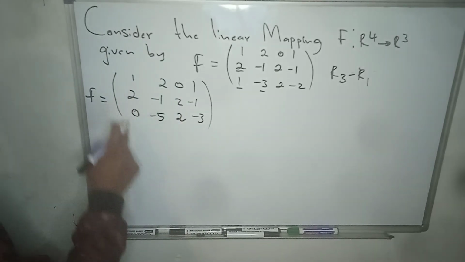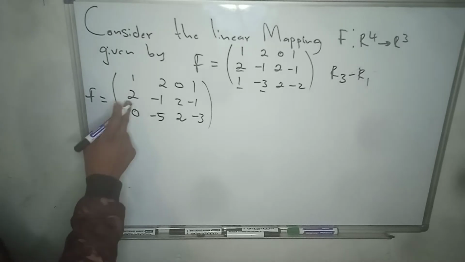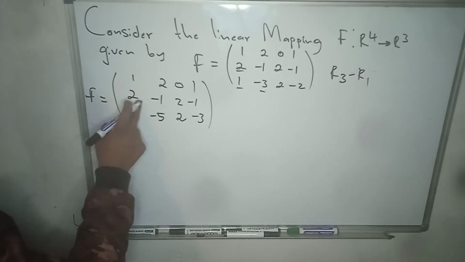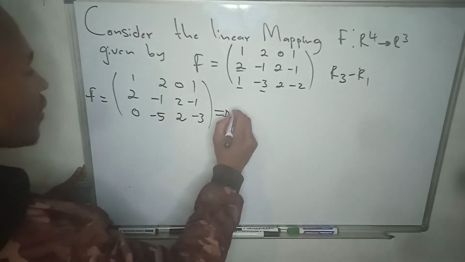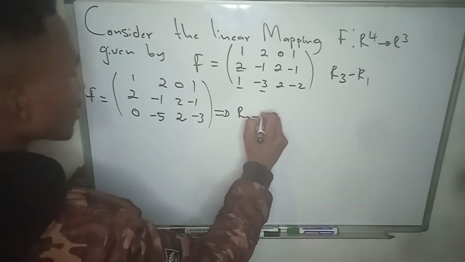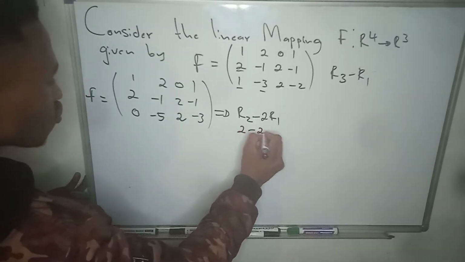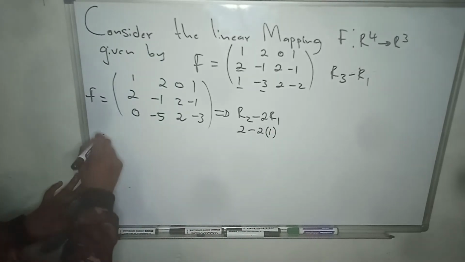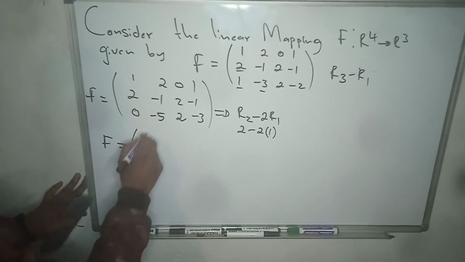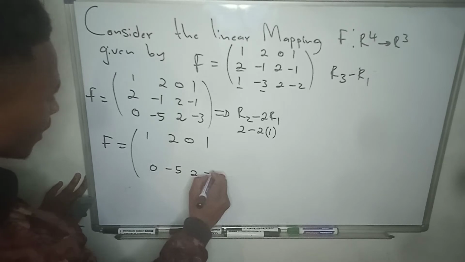But how can we achieve this one? In order for us to achieve this one we have to make it 0. So we can say R2 minus 2 times R1. So if we put 1 here minus 2, 1, it will give us 0. So our F will be 1, 2, 0, 1. Then 0, minus 5, 2, minus 3.